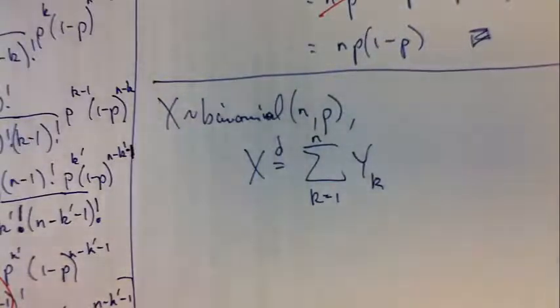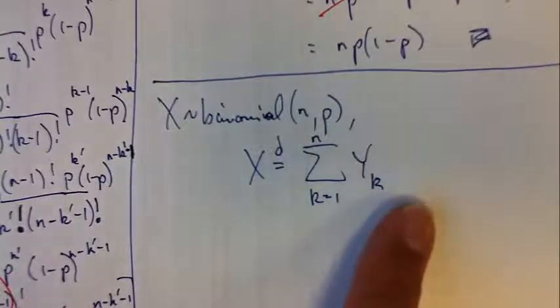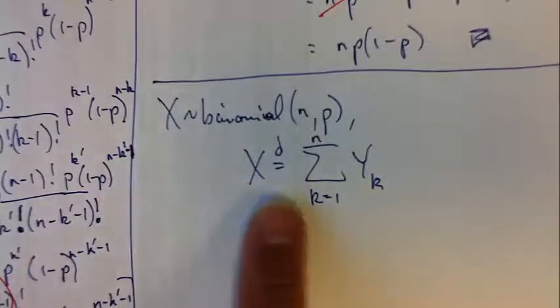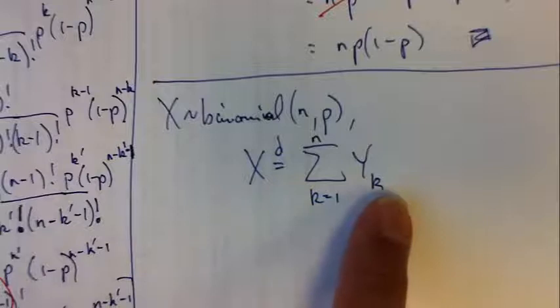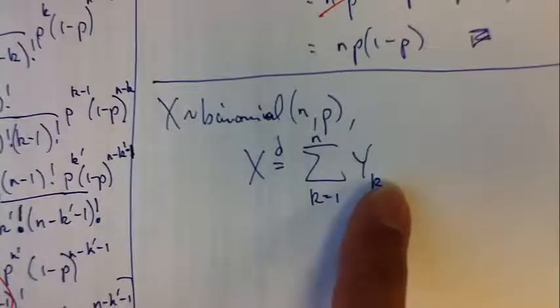So I told you that these Bernoulli random variables can be thought of as building blocks for other random variables. And here's a good way to see that for the first time. Okay, so if each one of these guys is 0 or 1, right?